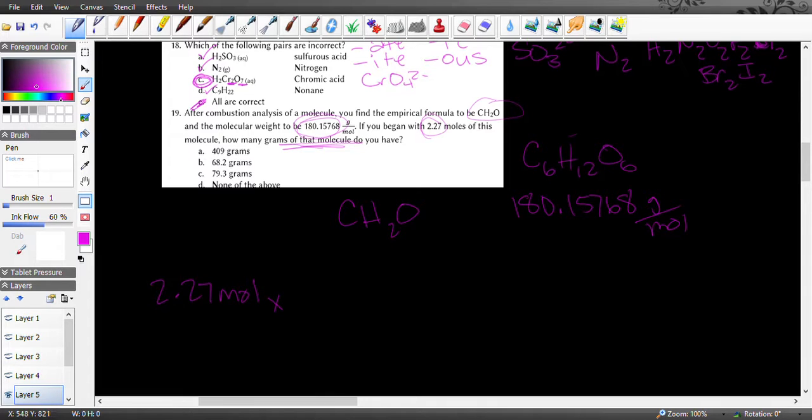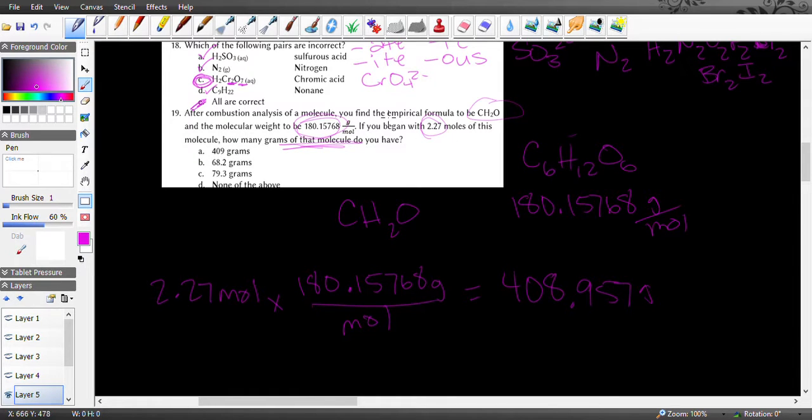Moles times 180.15768 grams per mole, and you should get A, right? Let's see, 180.15768 times 2.27. Yep. 408.957.